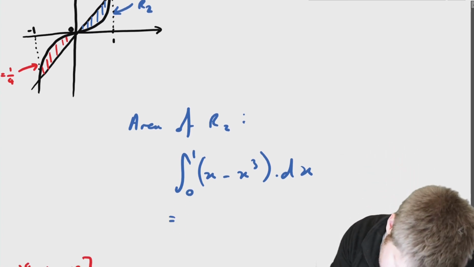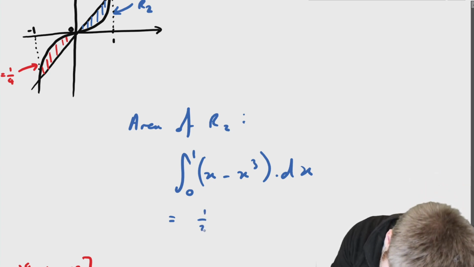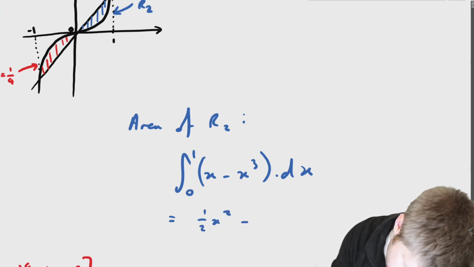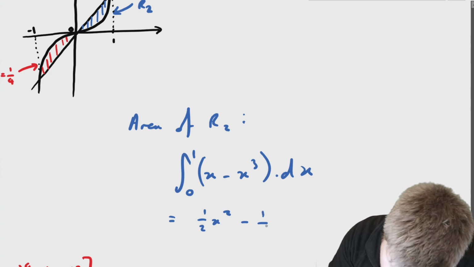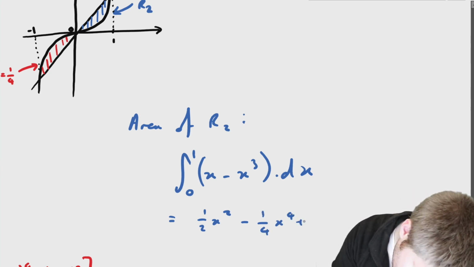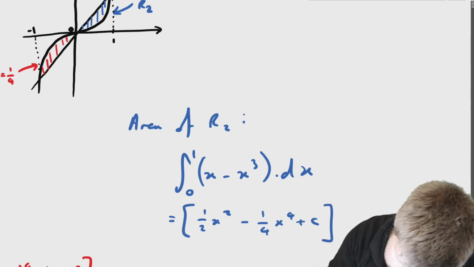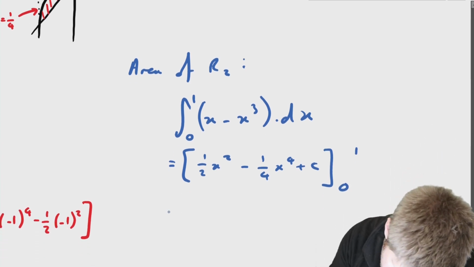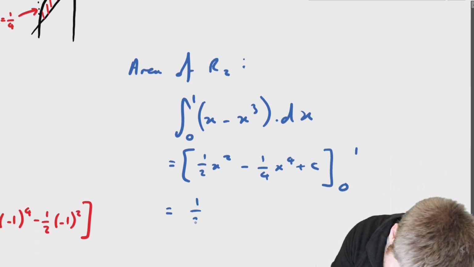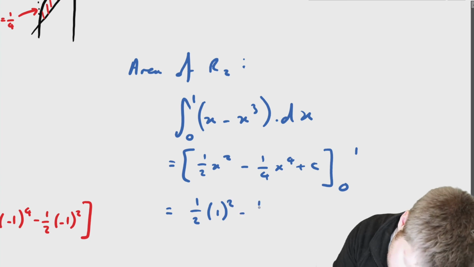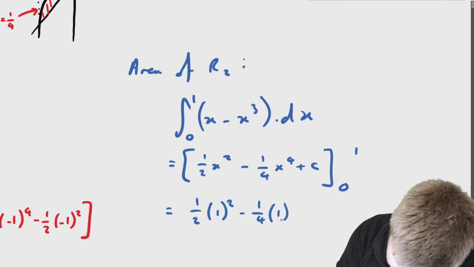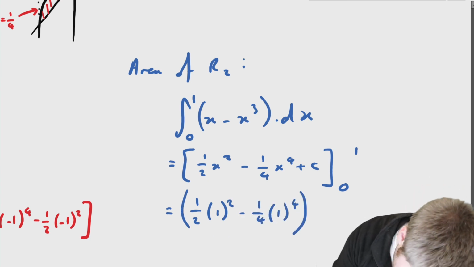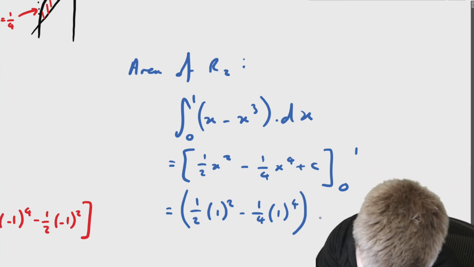Working this out, the integral of x is 1/2 x squared, and the integral of negative x cubed is negative 1/4 x to the power 4. Remember to put the plus c in just for good practice, between 0 and 1. Now if I stick in my 1, I get 1/2 of 1 squared minus 1/4 of 1 to the power 4. The plus c cancels, so I'm not going to worry about that anymore.